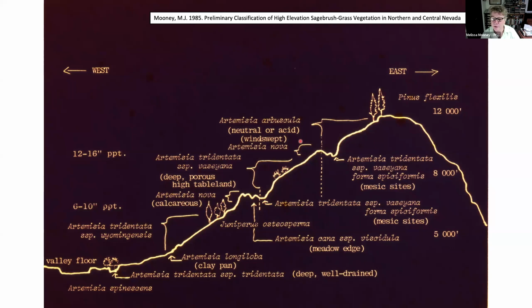These are also very low growing plants, and sometimes they can be confused. Artemisia arbuscula and Artemisia tridentata can often be confused. Artemisia tridentata subspecies vaseyana: there's a mesic form of vaseyana called forma spiciformis that you can find on mesic sites.